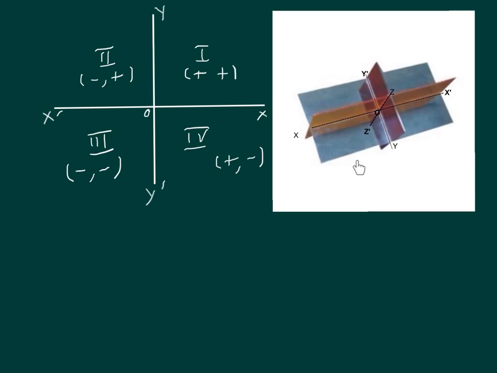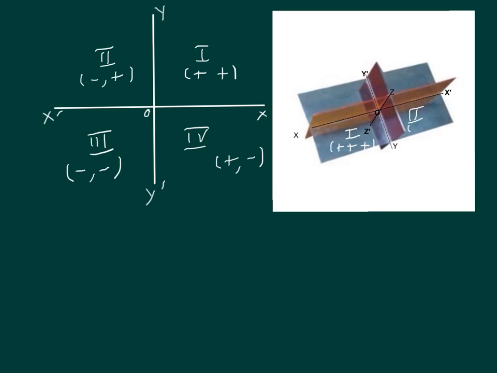Look at the following picture. If O is the origin, OX is the positive direction of the x-axis, OY is the positive direction of the y-axis, and OZ is the positive direction of the z-axis, then this is our first octant. Our second octant is just next to it.